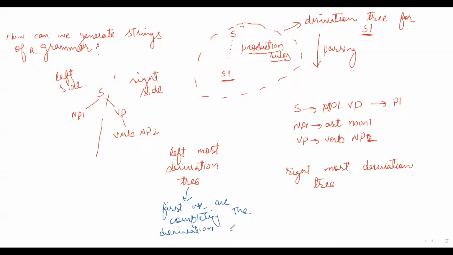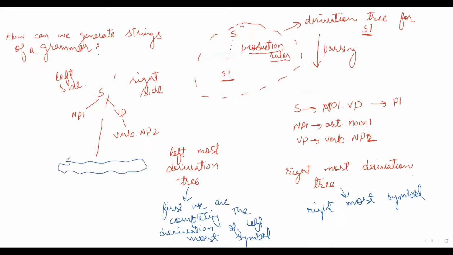And rightmost derivation tree means that first we are completing the right, or we can say we are deriving the rightmost symbol. So either you can use the right side first, then the left side, or the left side, then the right side. Finally, you will get this string.